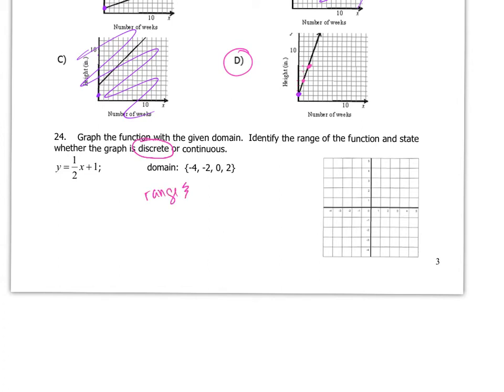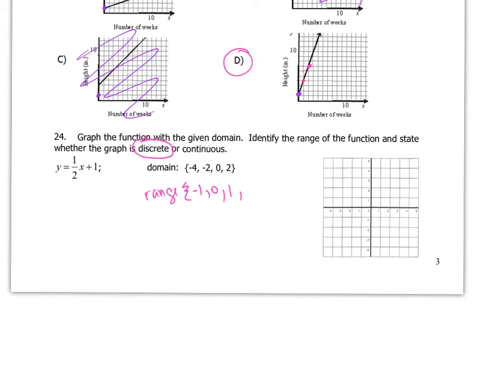that goes with the domain, the easiest thing to do is put this in y equals in your calculator and then check the table. So I'm going to go to y equals, and I'm going to put in 1/2 x plus 1. Look at the table, and I know with -4 is going to go a -1. With -2 is going to be a 0. With 0 is going to be a 1.